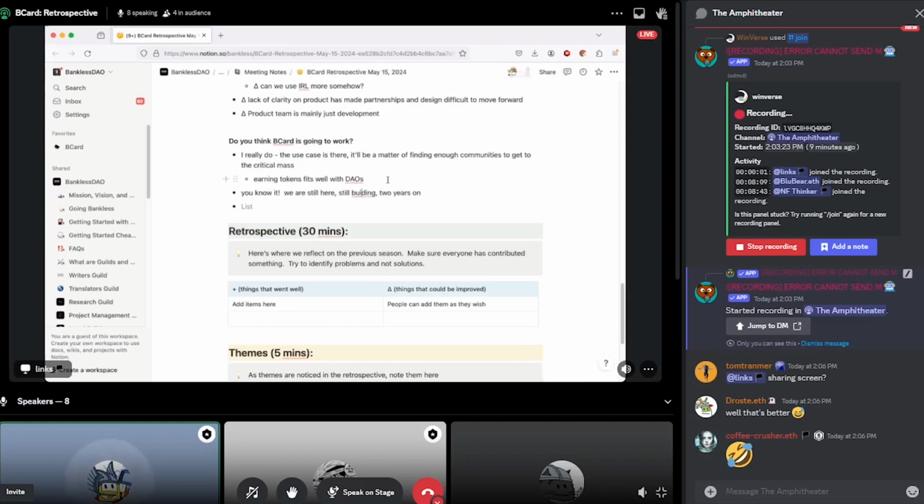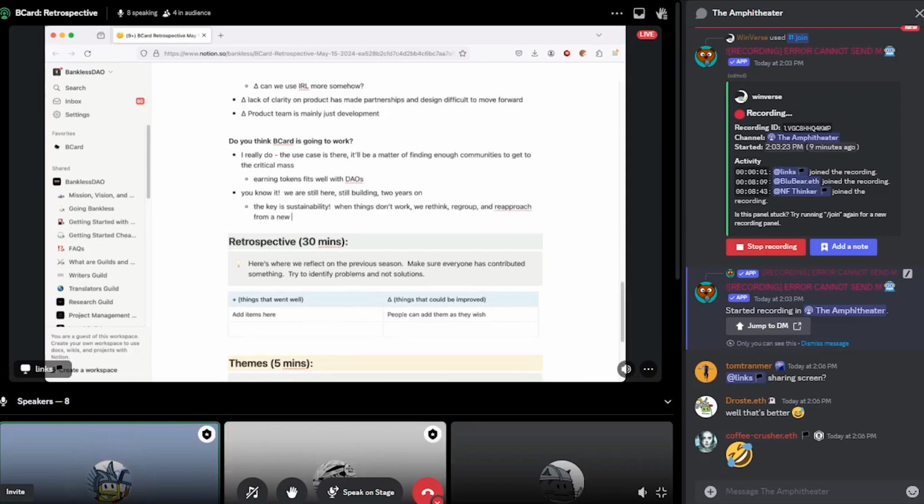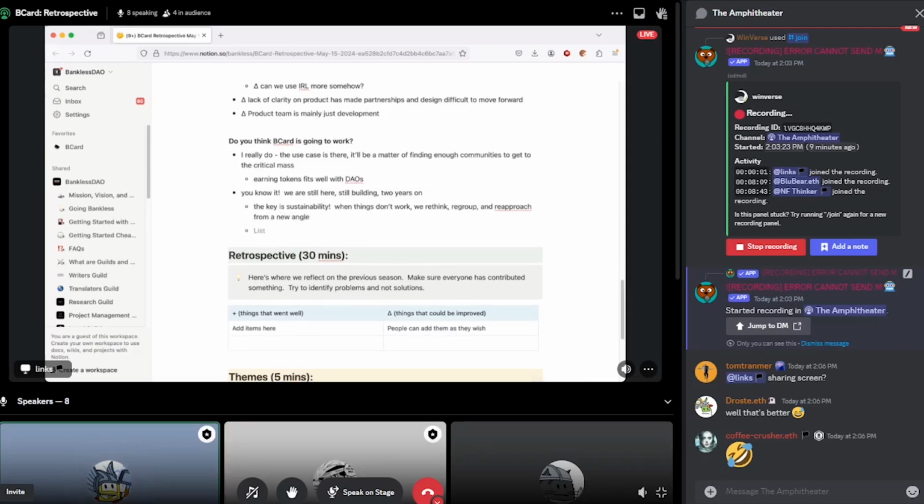We've proven time and time again that when things don't quite work how we thought they were going to work, we just rethink, we regroup, and we approach it from a slightly different angle. We're getting to the point of enabling and activating partnerships, which don't require a heavy lift from either side. And I think that once we find our stride with that, that's when we're going to start to see real growth.